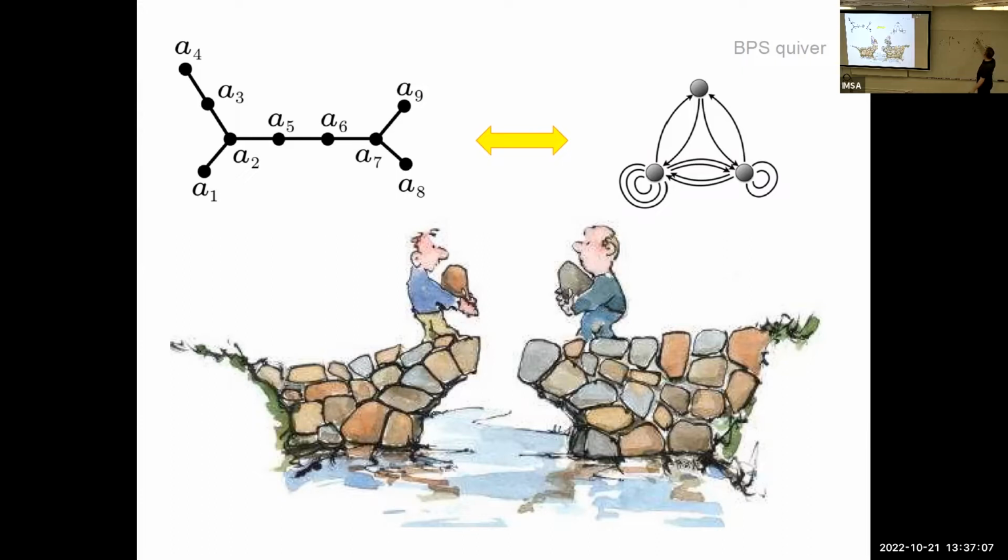So for example, between 1 and 2 and 1 and 3, we have only 1 going in each direction. So it will be 1, 1, 1, 1 here. And here we have twice as many, so we'll put 2s here. So that will be the same kind of connectivity matrix in the context of the quiver.